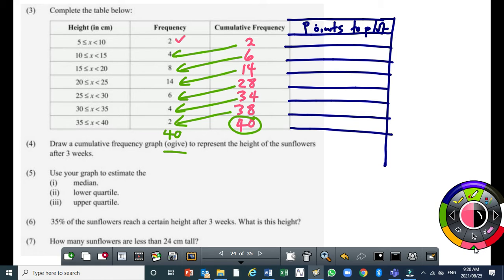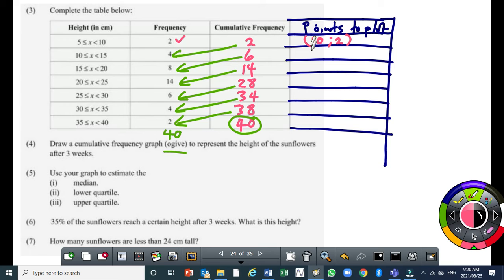Alright, when you are plotting now, the upper limits of your class intervals will be your x. The cumulative frequency will be your y. So for the first one, our upper limit there is 10. It will correspond to that 2. So when I draw my ogive, I must have my 10 and the 2.